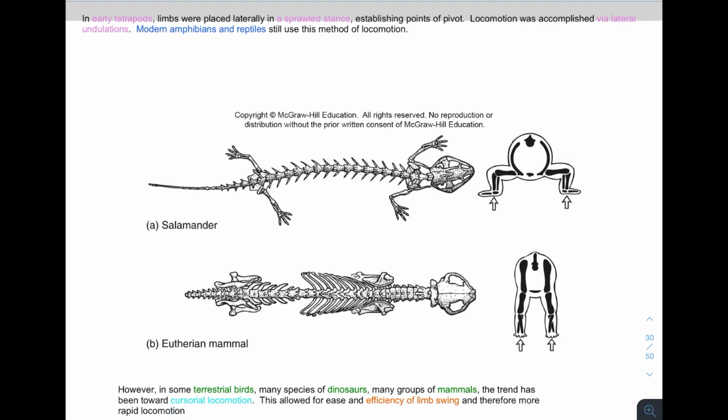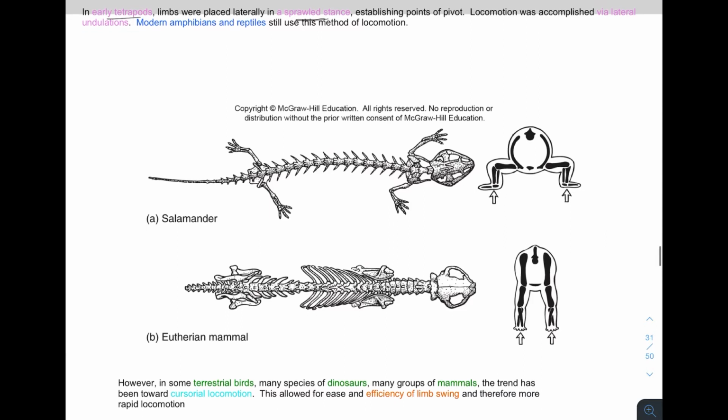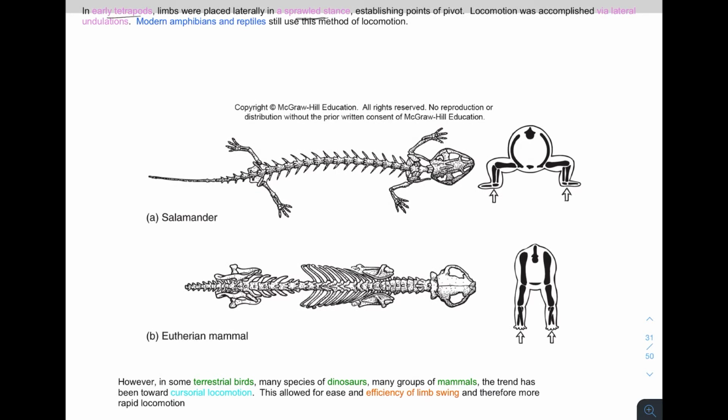We want to compare the limb anatomy of early tetrapods with their sprawled out stance compared to, let's say, eutherian mammals. And so we want to look at this salamander here, and what we see, and this is from the fish ancestry, right? With the pectoral and the pelvic fins kind of sticking out to the side for swimming.